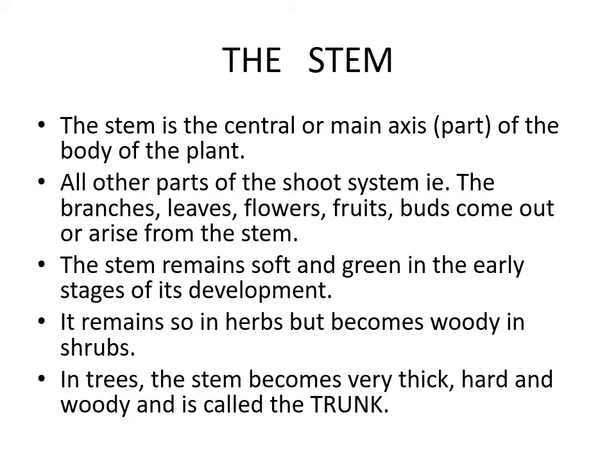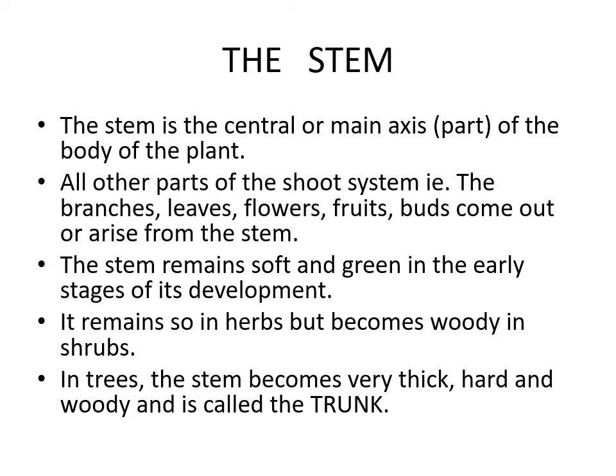The stem remains soft and green in the early stages of its development. It remains so in herbs but becomes woody in shrubs. In trees, the stem becomes very thick, hard and woody and is called the trunk. We will learn about all this in a later chapter.